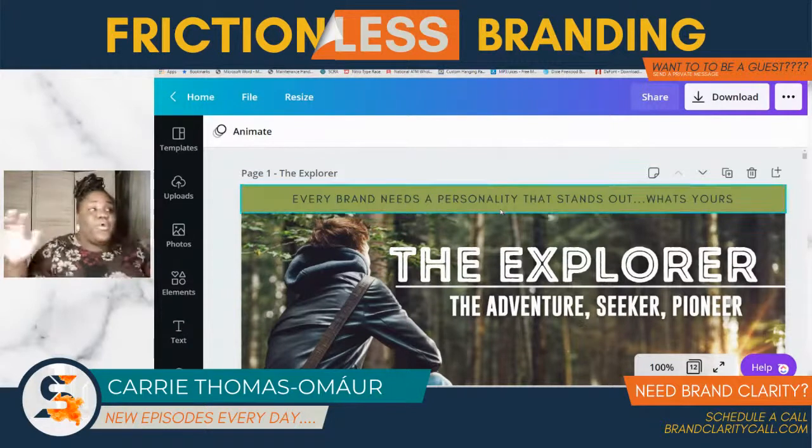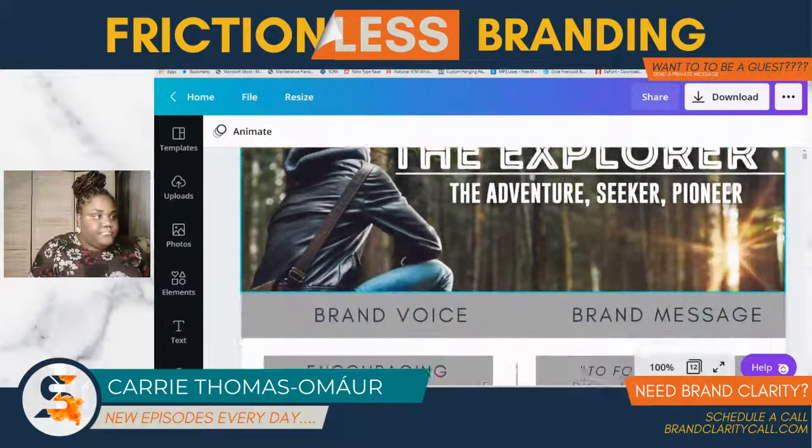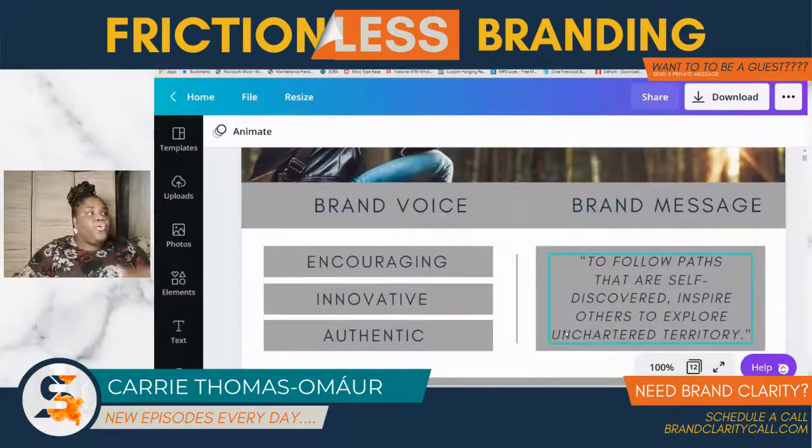So the Explorer brand, the idea of it is the adventurer, the seeker, the pioneer, the person who is always seeking and has a need for adventure, to go into the unknown, see the different things, and go down the road less traveled. That is what drives and moves them.